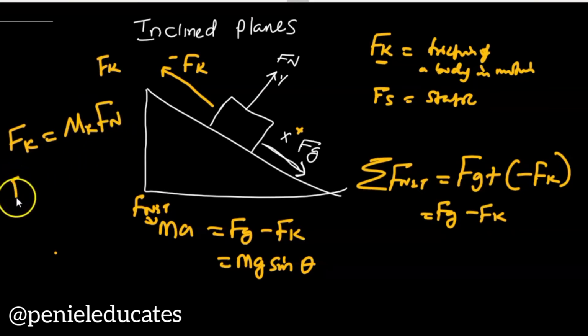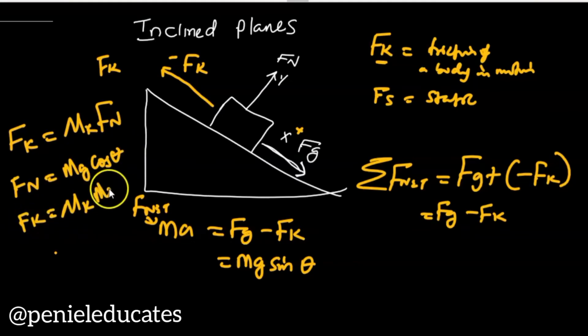And don't forget that we already calculated our Fn in the last slide, that Fn is mg cos theta. So that means we have Fk to be mu k mg cos theta. So we'll put in this equation minus mu k mg cos theta.